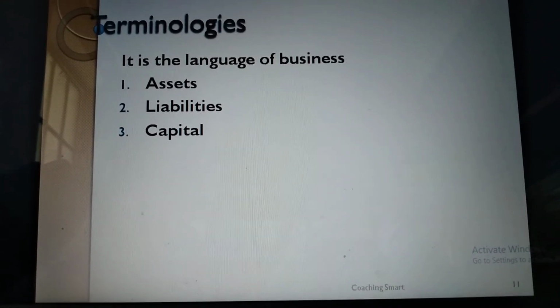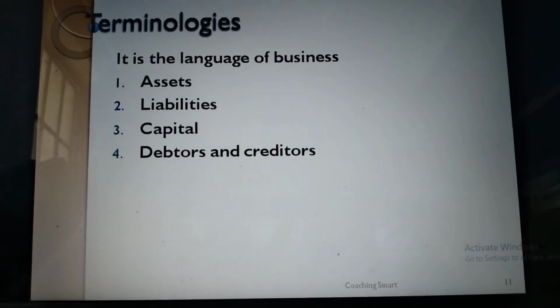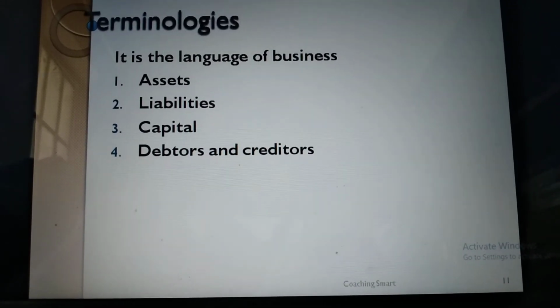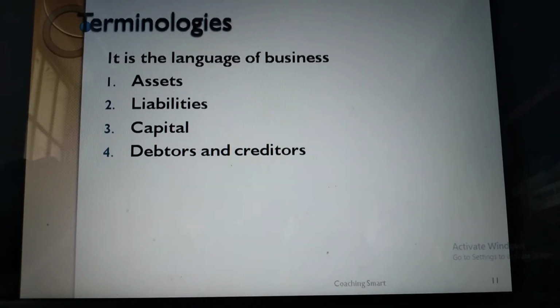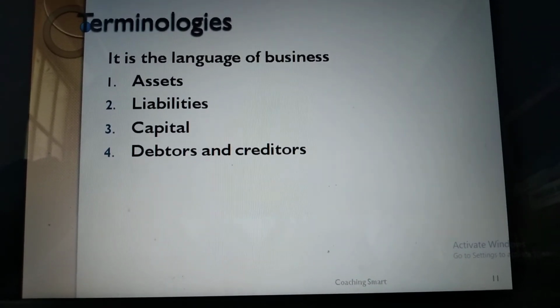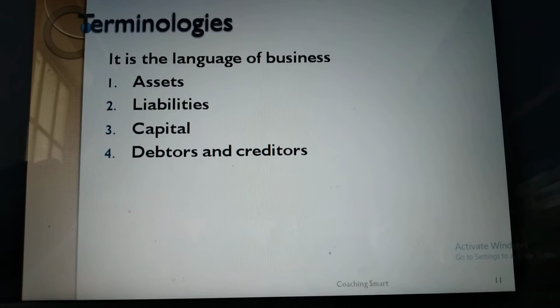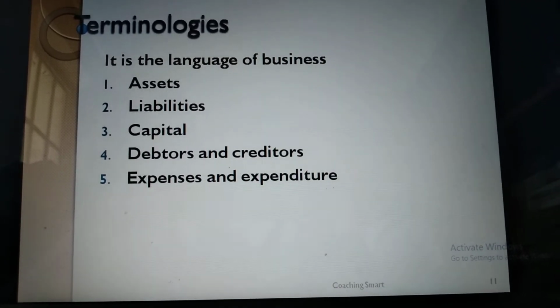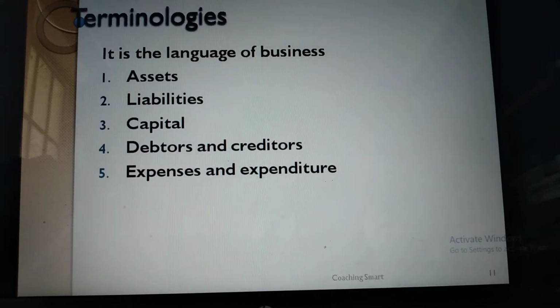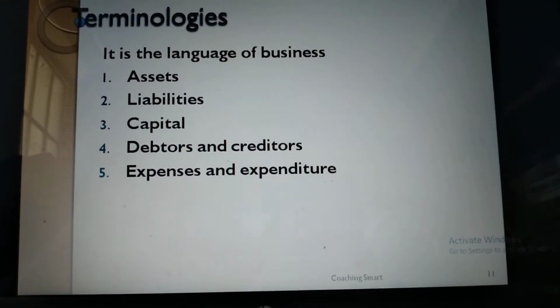Without capital, no business. 4. Debtors and creditors. Debtors are those people who owe the business money. When you talk about creditors, these are people whom the business owes.